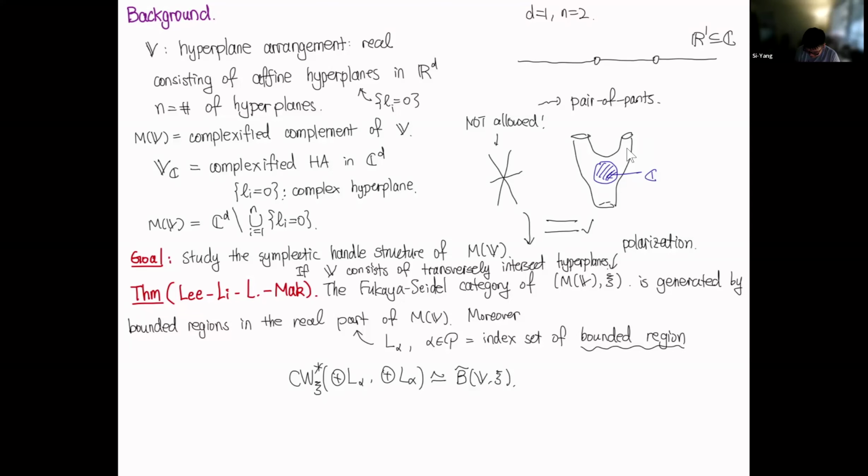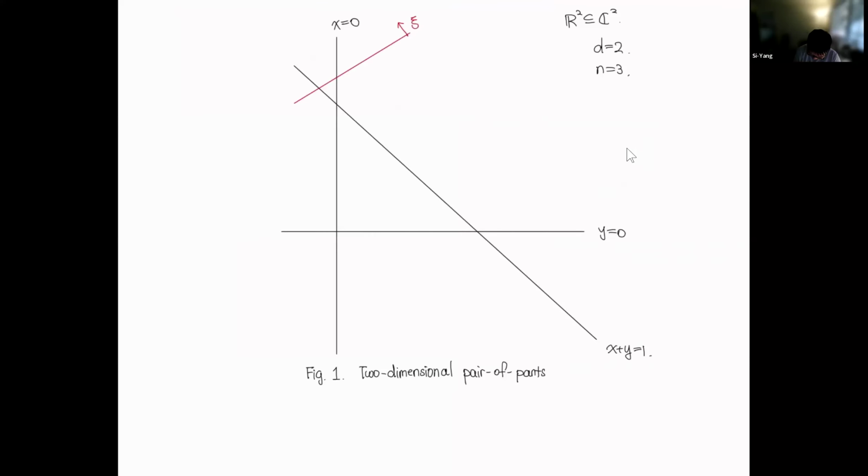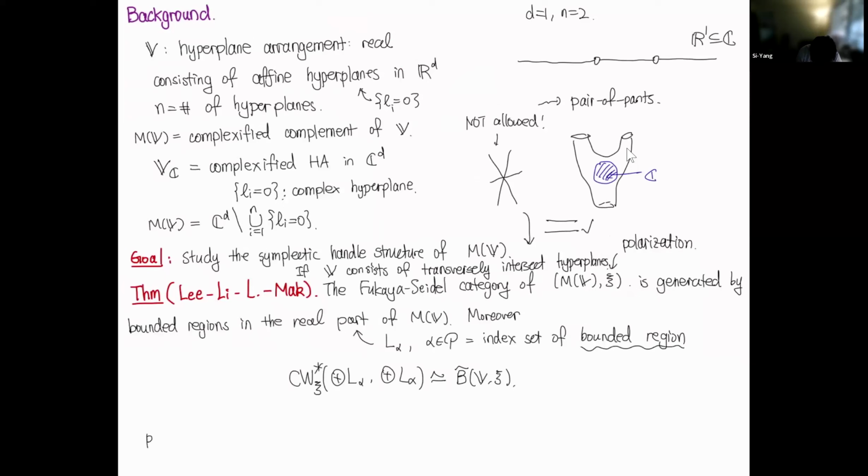And what are bounded regions? So a polarization is just a choice of direction, which means it's like a Gaussian. It's a linear function from R^d to R, which of course you can lift to the complex vector space where your Gaussian has real coefficients.